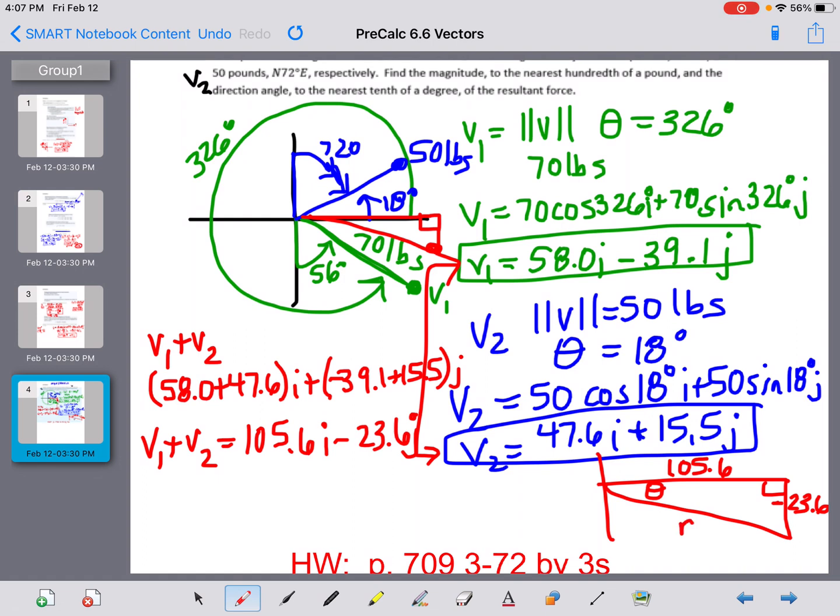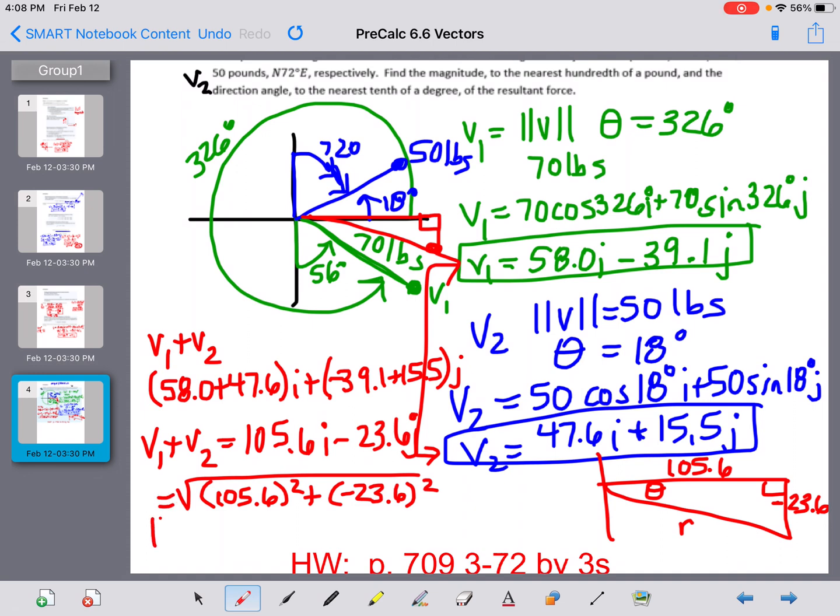Okay, so I'm going to take the square root. This is for my magnitude of 105.6 squared plus negative 23.6 squared, and take the square root of that. Let my calculator do that. Make sure that negative on the 23.6 is inside the parentheses, so it gets squared.